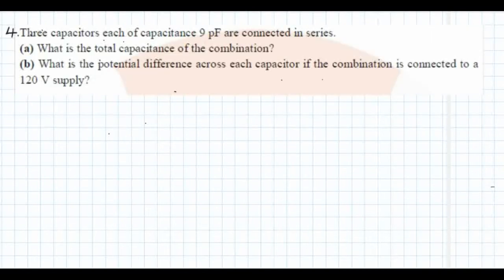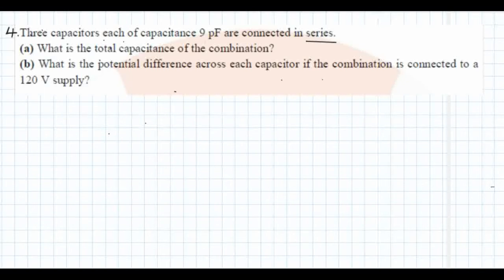Then our fourth question: 3 capacitors each of capacitance 9 picofarad are in series. A part, what is the total capacitance of the combination? B part, what is the potential difference across each capacitor if the combination is connected to a 120 volt supply? So this is a case of series connection, and there are 3 capacitors.